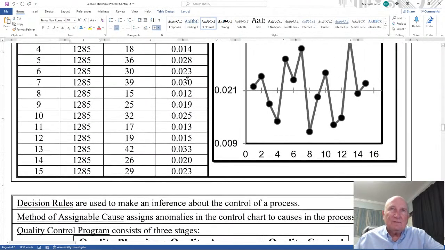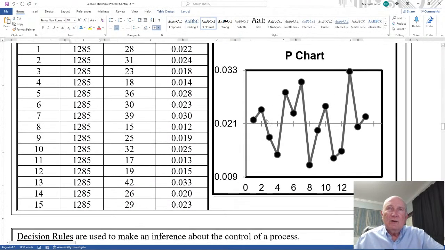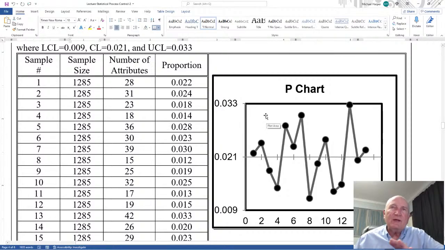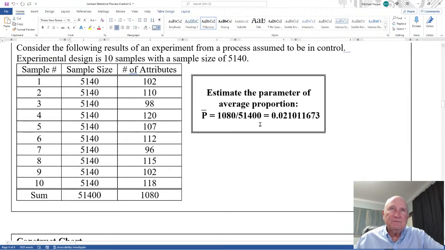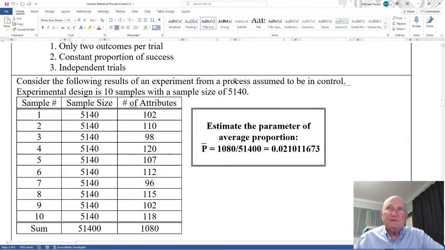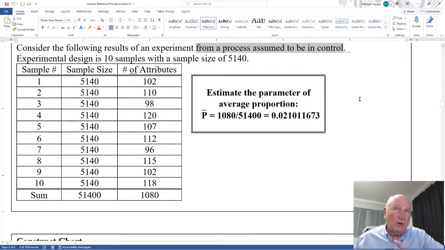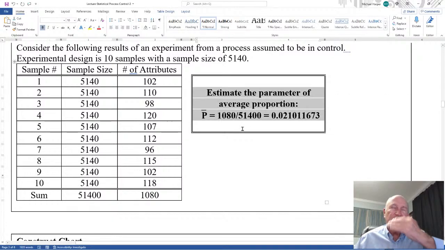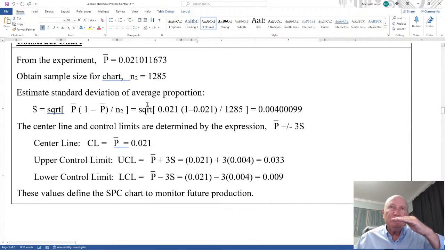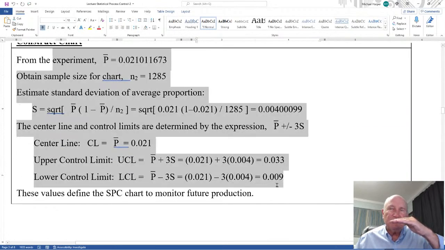So from now we can see what the concept is in the process control charts. In the experiment, we assume the process is in control. If it's in control, then this is what the proportion of our attribute should be when it's in control. So we use that to generate a chart.